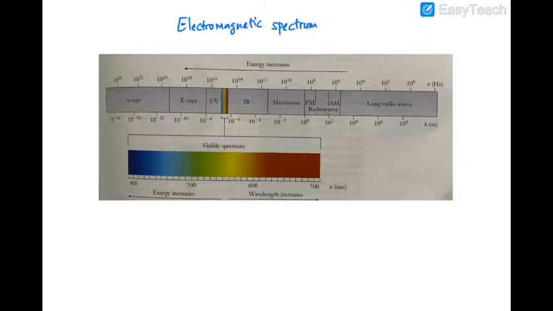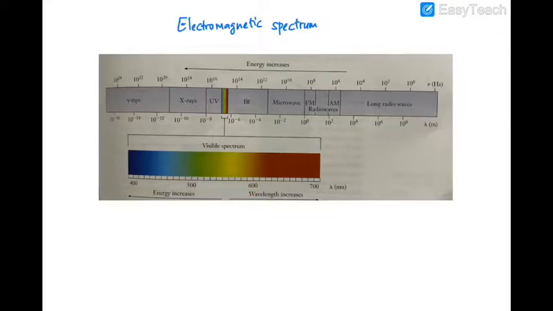The most important thing is that from radio waves up to the gamma rays, the energy increases. From red to purple, the energy increases, so this area has the highest energy in the visible spectrum. However, the wavelength is the exact opposite of energy. While the energy increases from this point to that point, the wavelength is decreasing.